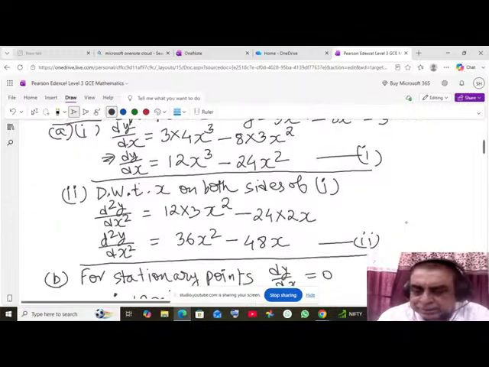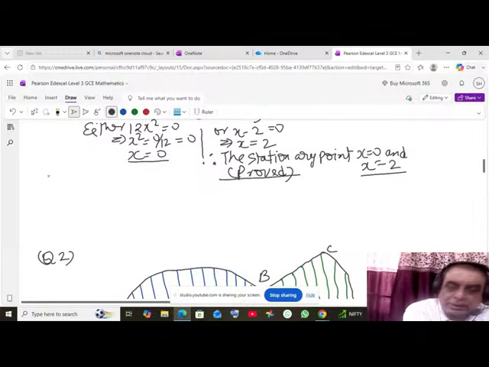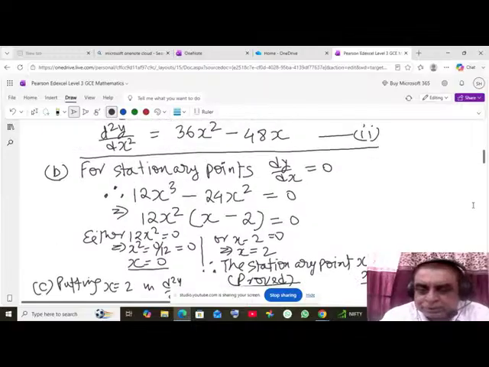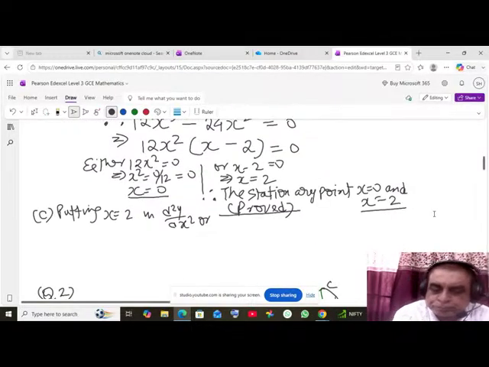So for checking it, we will put this value of x equals to 2 in d squared y by dx squared, or equation number 2. In the place of x, we will write the value of x as 2.